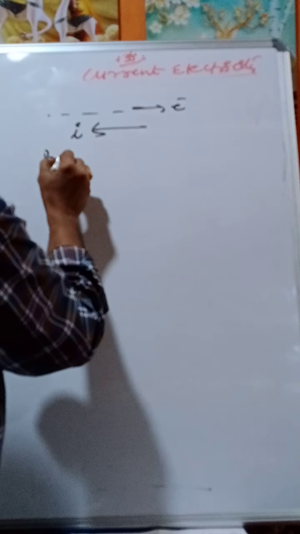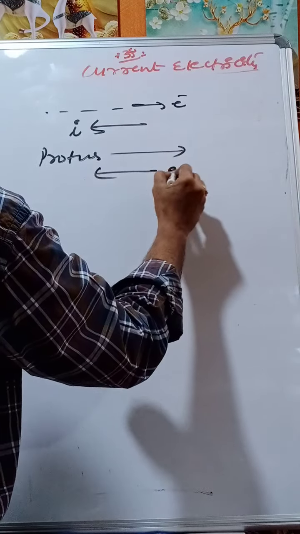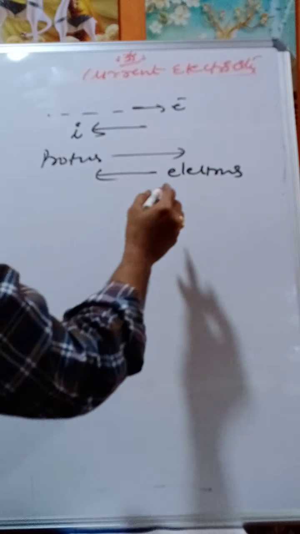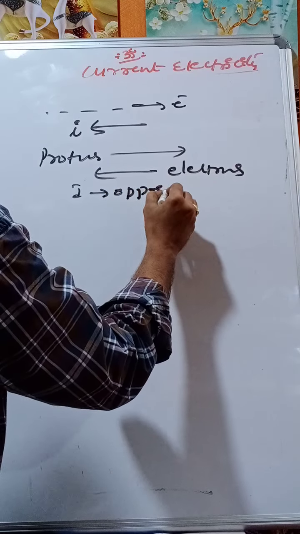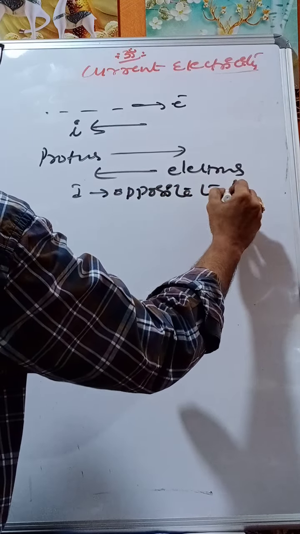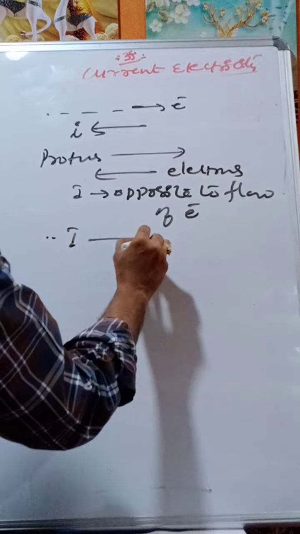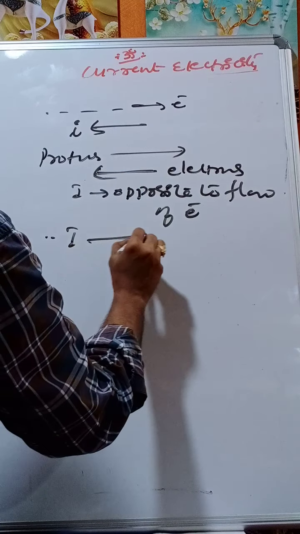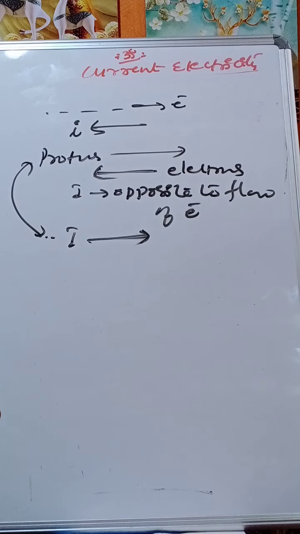So let us take protons moving like this, then electrons will be moving the opposite way. Therefore, the current direction is opposite to the flow of electrons, which means it is in the direction of flow of protons or positive charge.